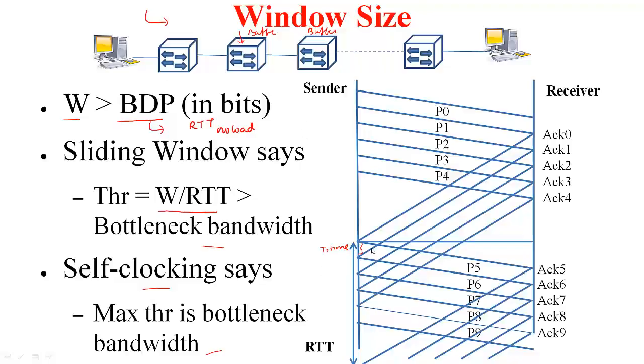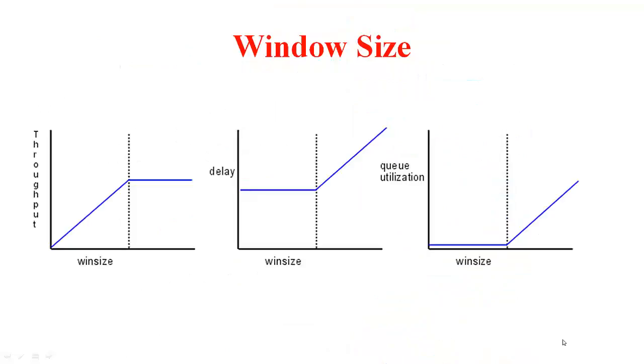So these ACKs that you are getting, this spacing no doubt is capturing the bottleneck bandwidth, but this round trip time that you are seeing is now going to include the queuing delay. In other words, when you are calculating this, this is RTT load. So this is captured in this figure as well.